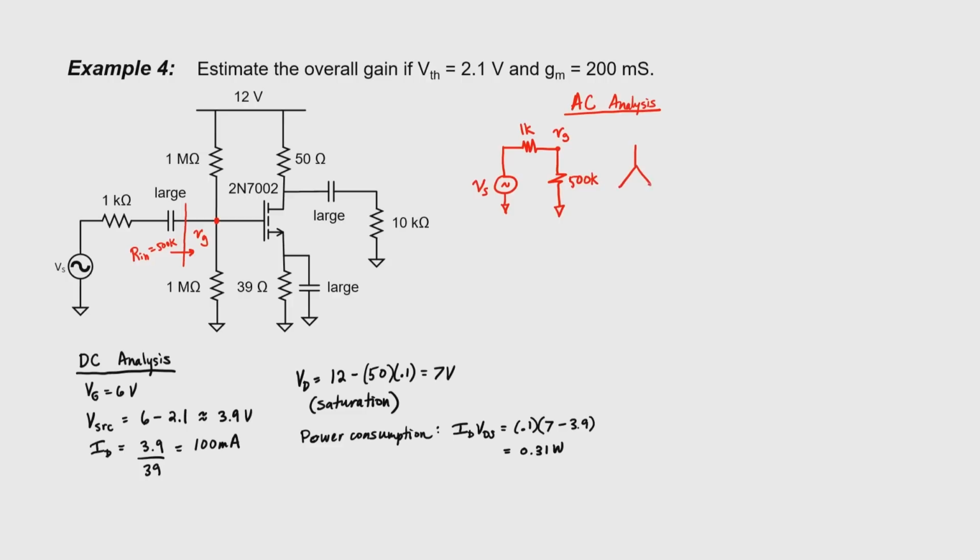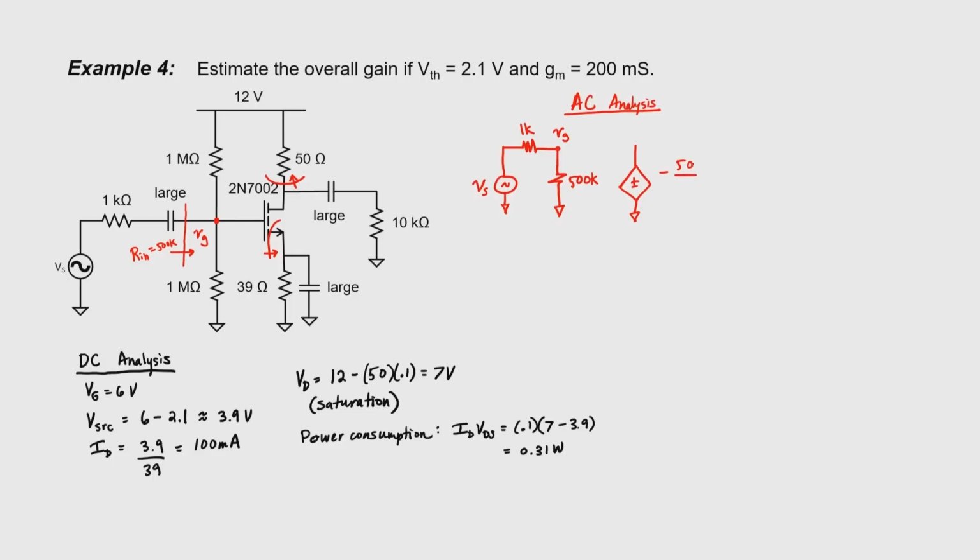Now we know this is a common source amplifier, and we can just remember that for common source amplifiers, the gain here is given by this resistance looking up from the drain, divided by all of the resistances looking down here from the source. That gives us 50 ohms here in the numerator.